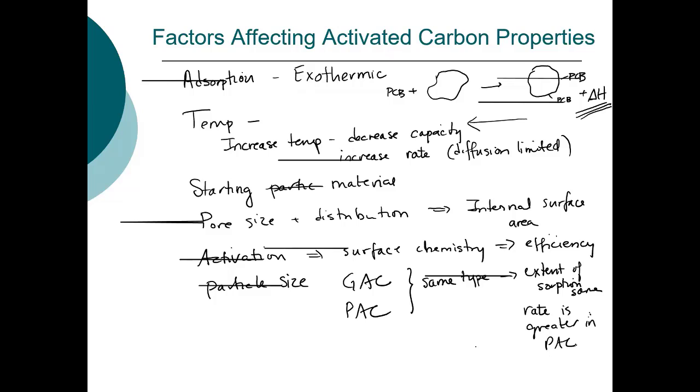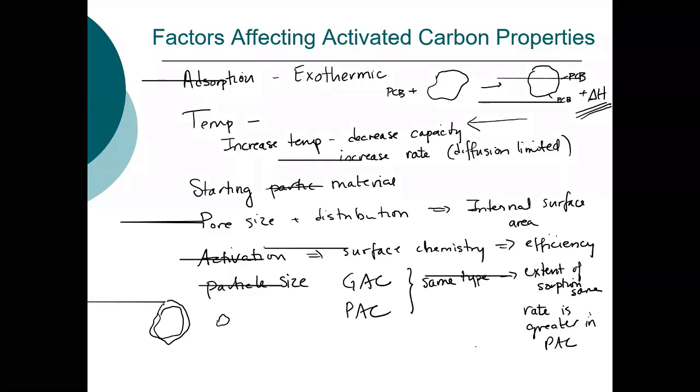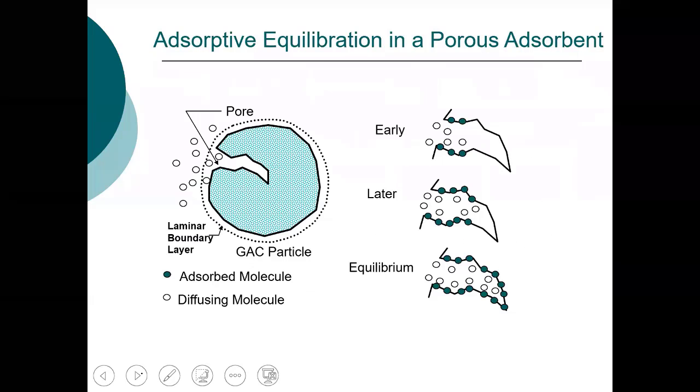And that's simply because if this is our particles, we have a stagnant layer, water layer around that, and the chemical has to diffuse through that. We just have more surface area for the same amount of carbon. So the rate increases, but the extent of sorption does not.